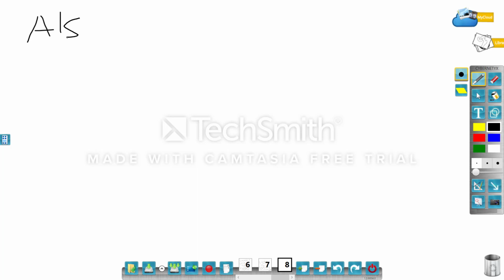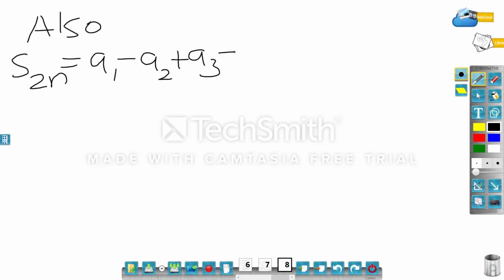Also, S of 2n is the same as a1 minus a2 plus a3 minus a4, and at last we will have a of 2n.